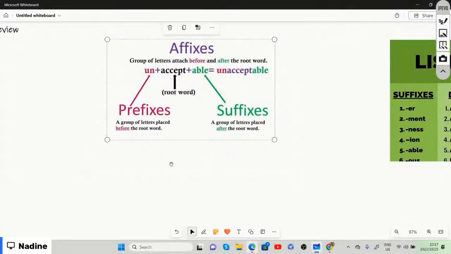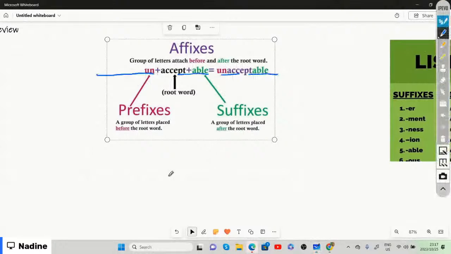So for example, like we said, accept is the word that stands on its own. This is the root word. With the root word, we can then add a word in front or before, which we call the prefix.